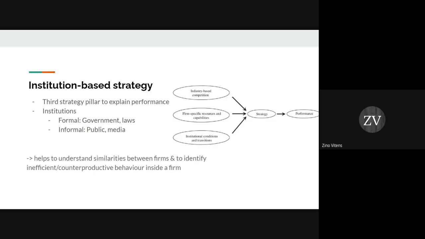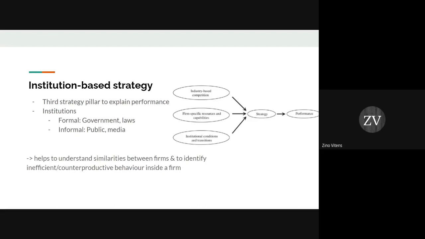So, starting with the institution-based strategy. The institution-based strategy is the third pillar to explain the performance. The other two pillars are the industry-based and the resource-based strategy, like Porter's Five Forces and VRIN. So your firm is located in an industry which is located in a country, or it's a global company, and it's surrounded by institutions.